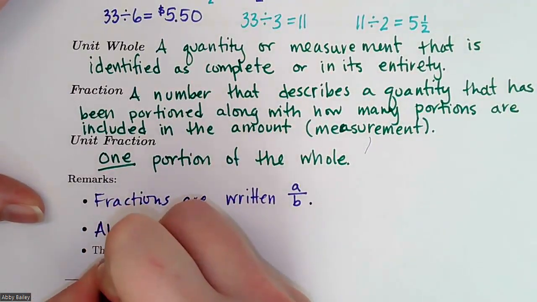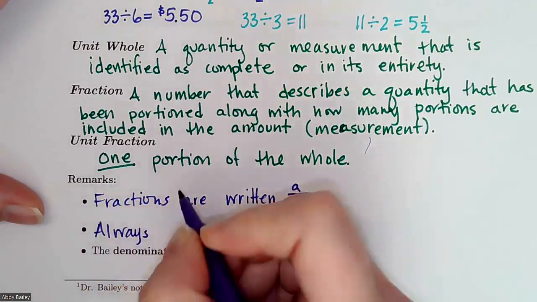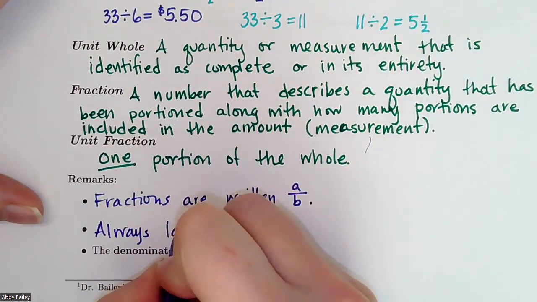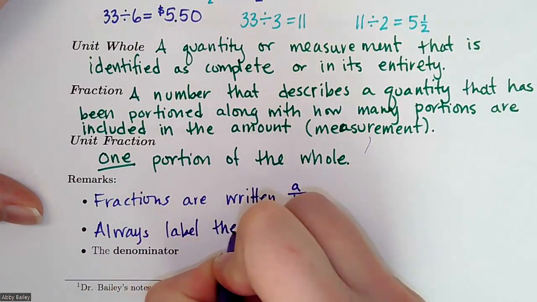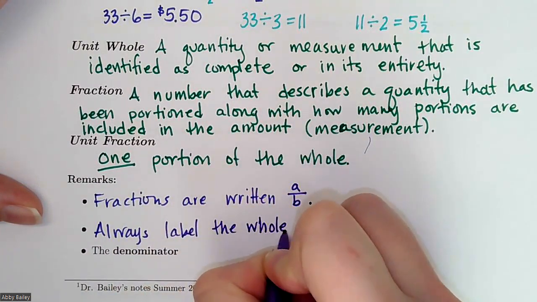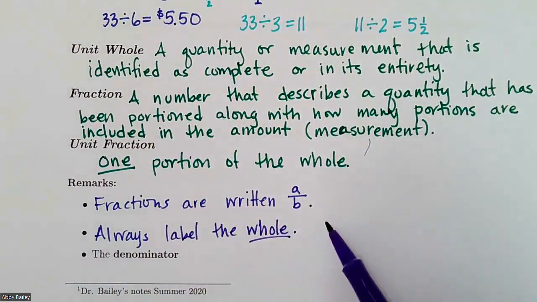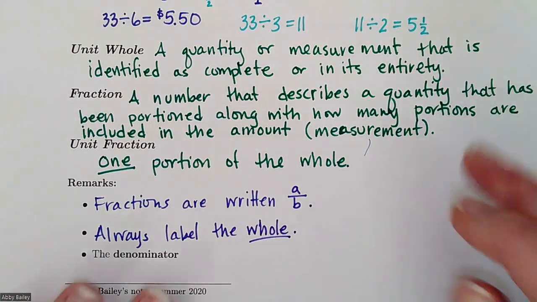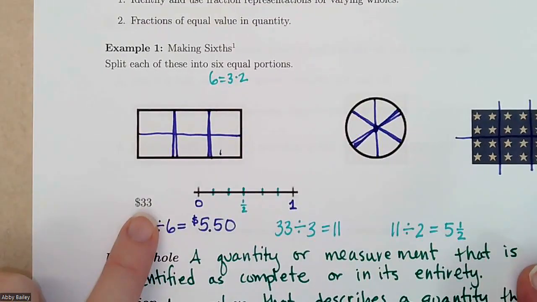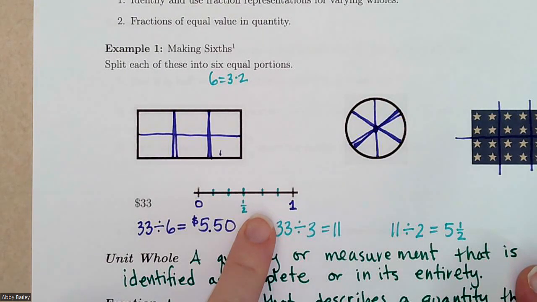I'm going to say it is really important to always label the whole or reference the whole. So 2/6 of what? 2/6 of $33 is different than 2/6 of an inch.